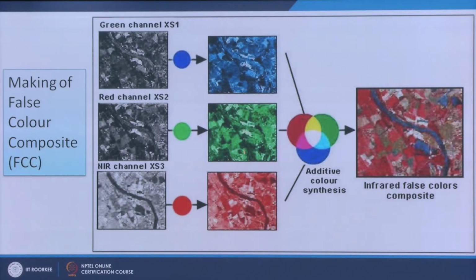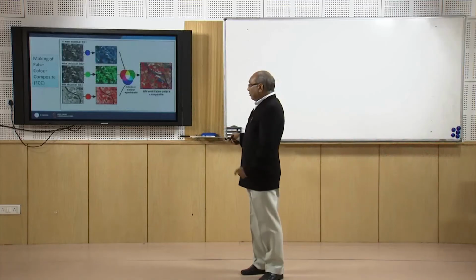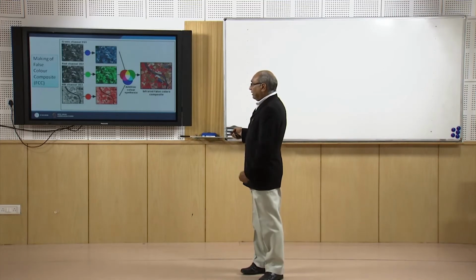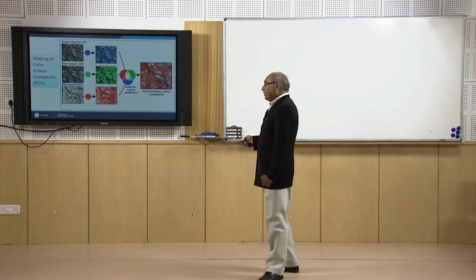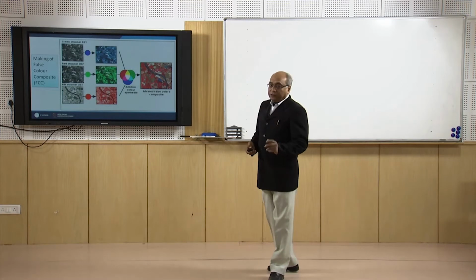The color composite is created through this additive color scheme using satellite images. But because we are not putting the corresponding color, like for green we are putting blue, for red we are putting green, and for infrared we are putting red, we call these false color composites.